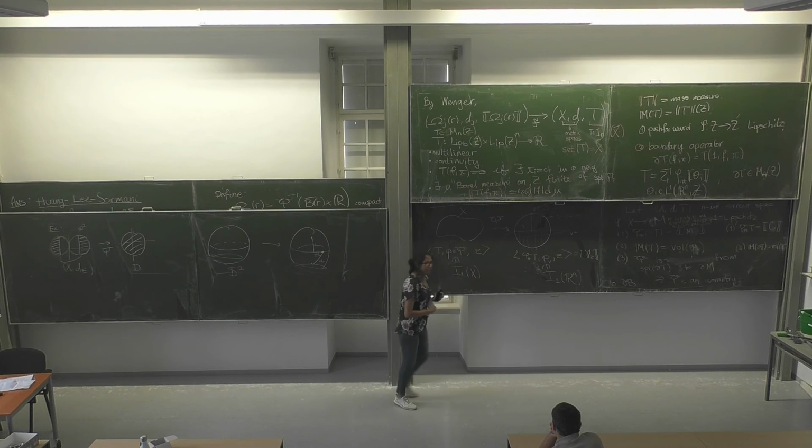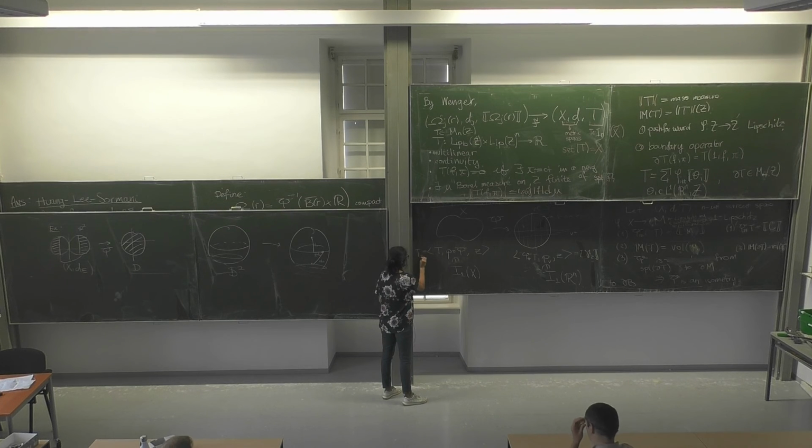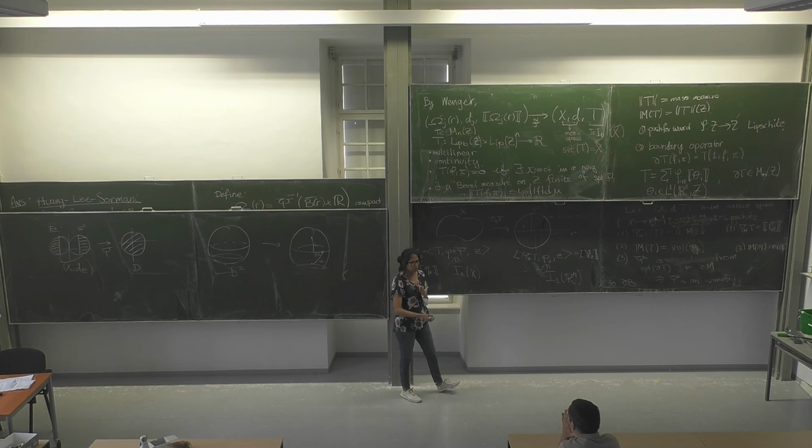And what I want to say is that I can pass my problem to one that is one-dimensional. So I want to conclude that this current, which I'll write as T_z, is just equal to a current that comes from a geodesic in our metric space. So I want to say this is a geodesic, and then I want to put all the information together once I know that the problem works for one-dimensional integral currents.